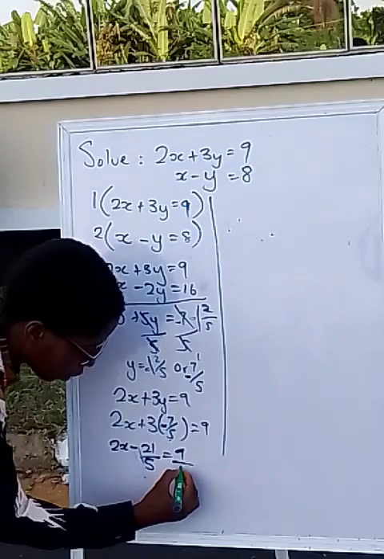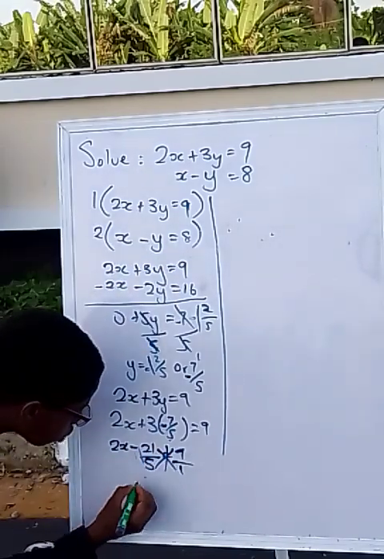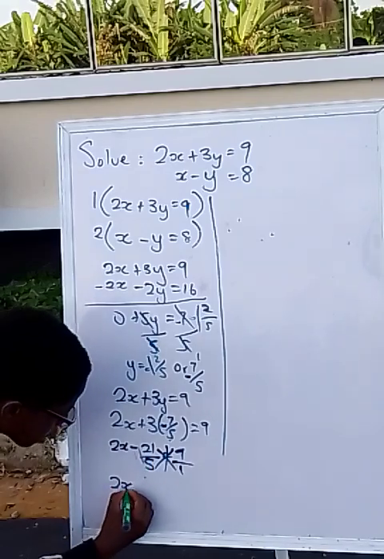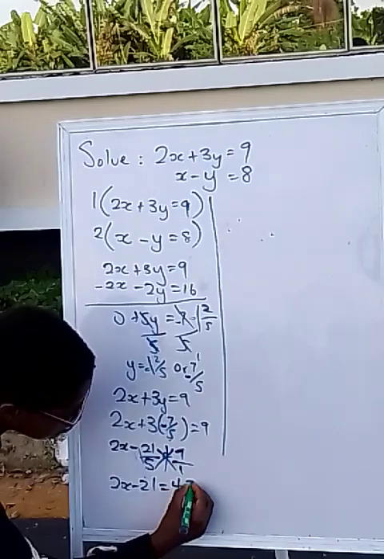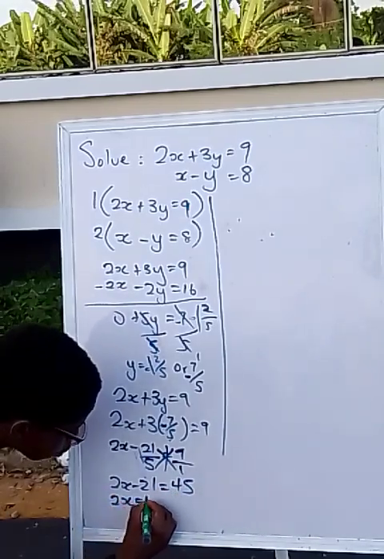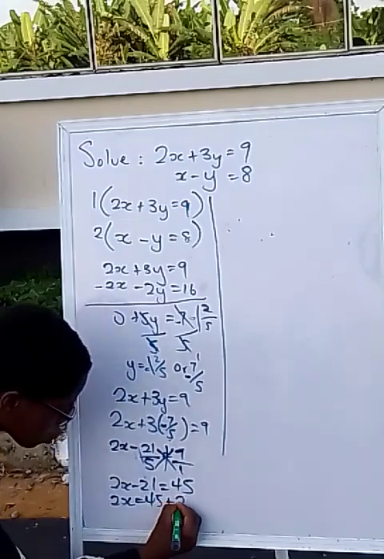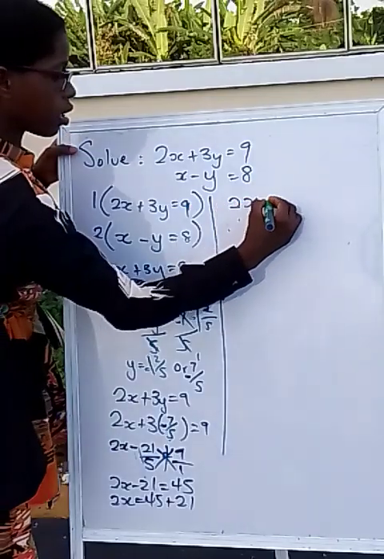So 2x minus 21 times 1 is 2x minus 21 equals 9 times 5 is 45. When minus 21 crosses to the other side, it becomes plus 21. So 2x equals 45 plus 21, which is 66.